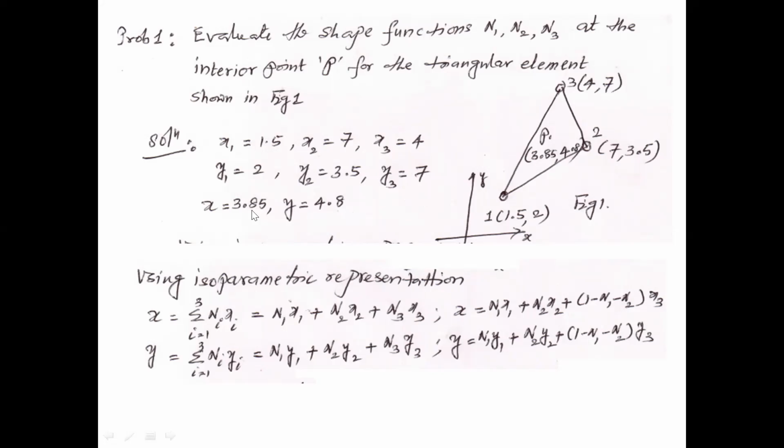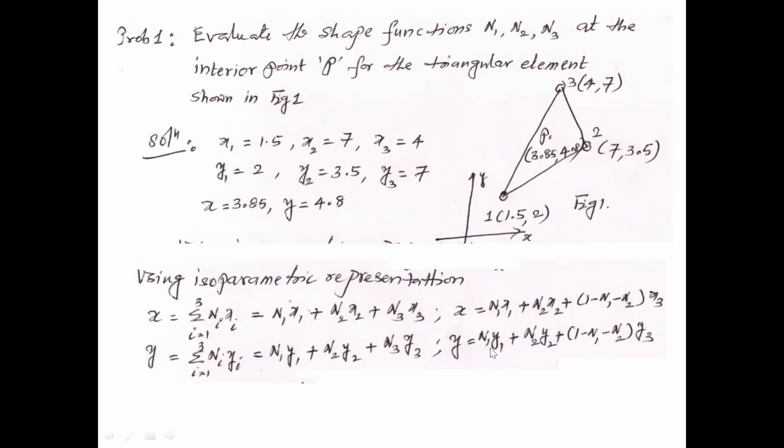So here coordinates x and y are given. So x and y, whatever you have, substituted here, the same thing written here. The x coordinate, y coordinate, then you have corresponding n1, n2, and n3 is written as 1 minus n1 minus n2, times x3. So what happens now? x, y, x1, x2, x3 are known, and y, y1, y2, y3 are known. So here unknowns are n1, n2.